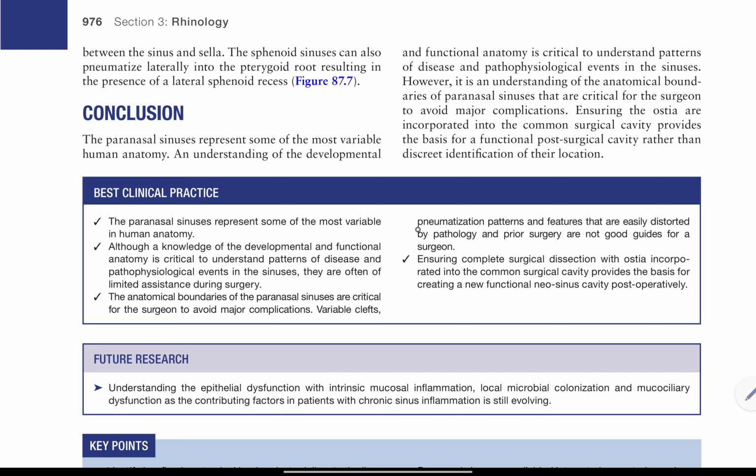Variable clefts, pneumatization patterns, and features that are easily distorted by pathology and prior surgery are not good guides for the surgeon. Ensuring complete surgical dissection with ostia incorporated into the common surgical cavity provides the basis for creating a new functional neosinus cavity postoperatively.